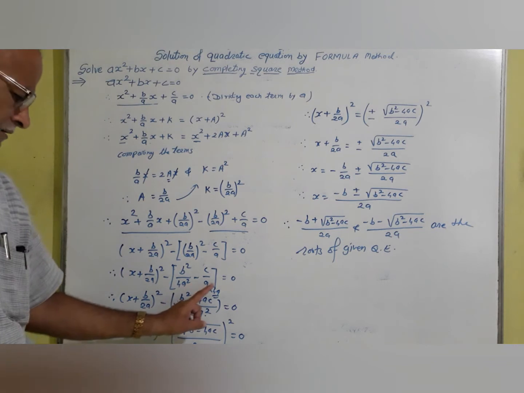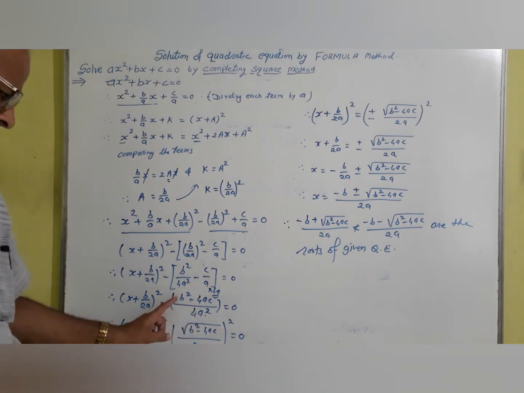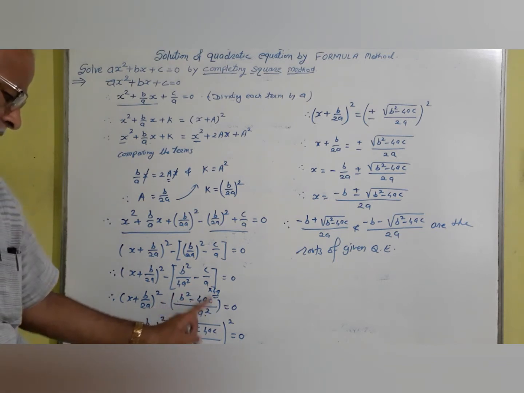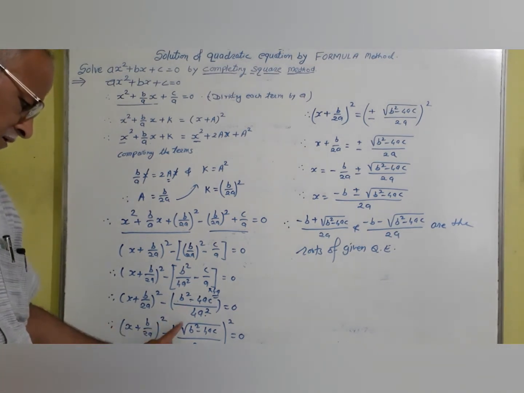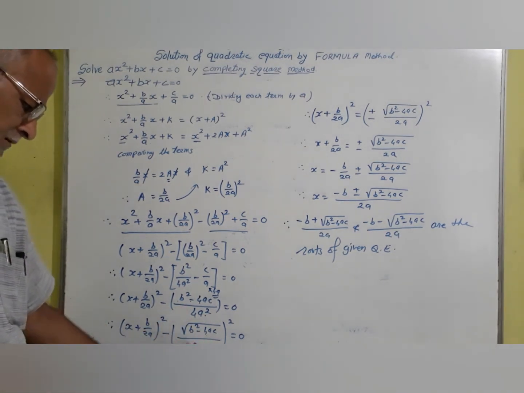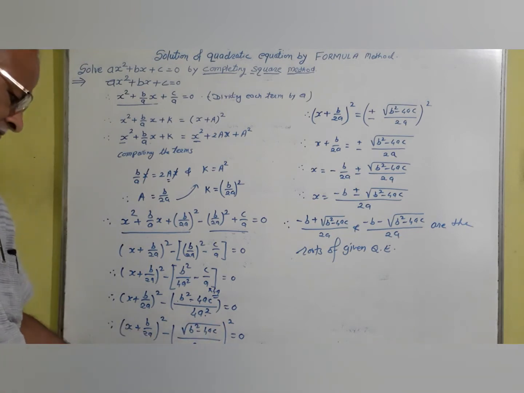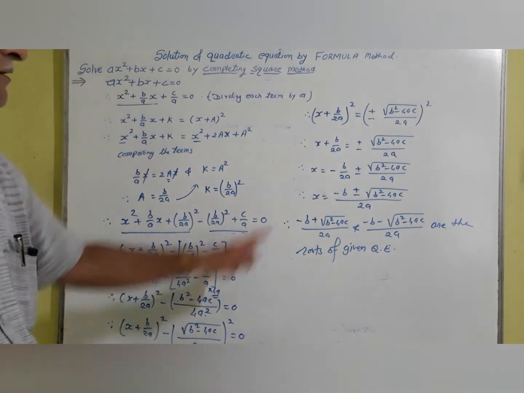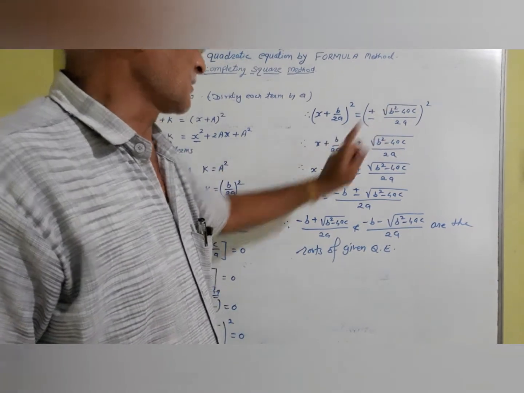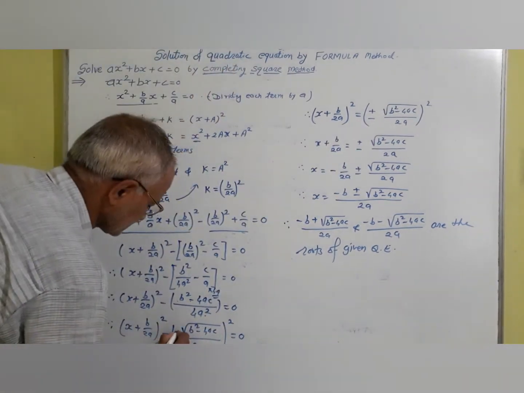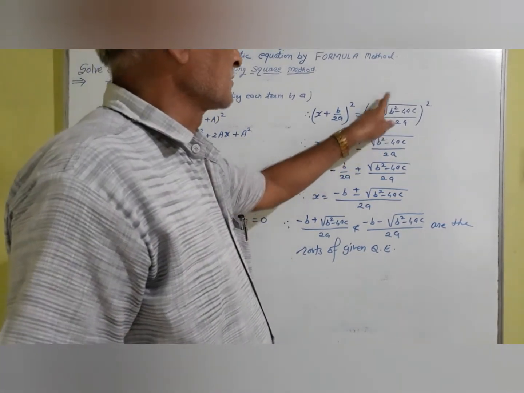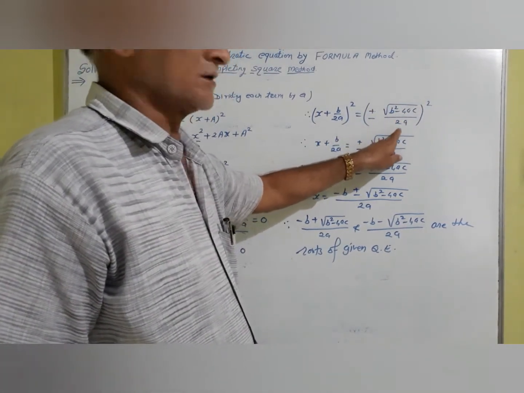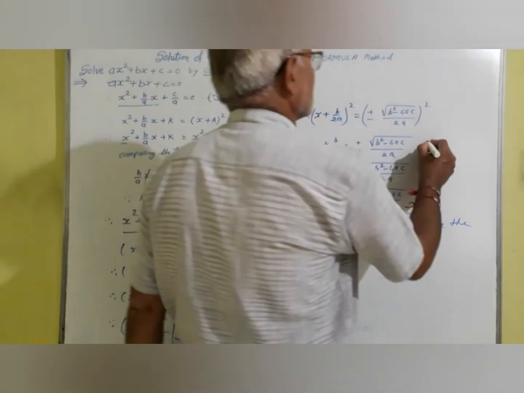Making the denominator equal 4a square in numerator b square minus 4ac. And now the second term is a square root of b square minus 4ac upon 2a whole square. Now this term taken to right side, it becomes plus or minus, or we can write here also plus or minus. Plus or minus square root of b square minus 4ac upon 2a. Now taking square root.